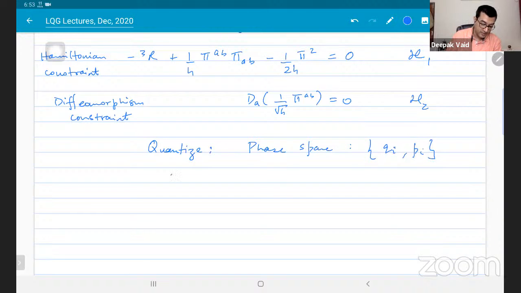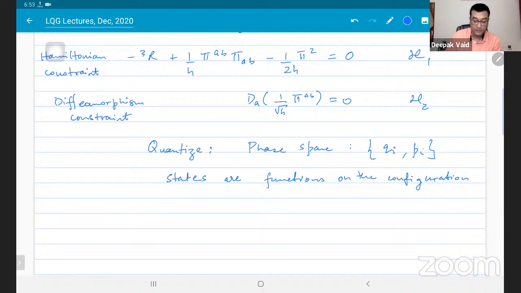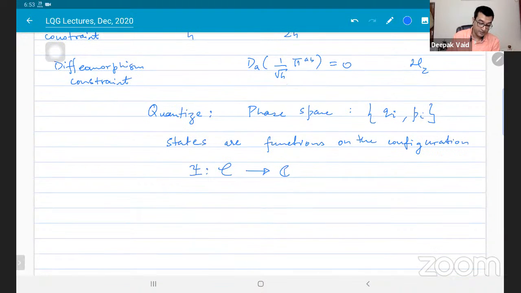And then we say that our states are functions on the configuration space. Equally well, you could define them to be functions on the momentum space, right? So your states are maps from the configuration space to complex numbers, right? And so psi is some function of the q_i.